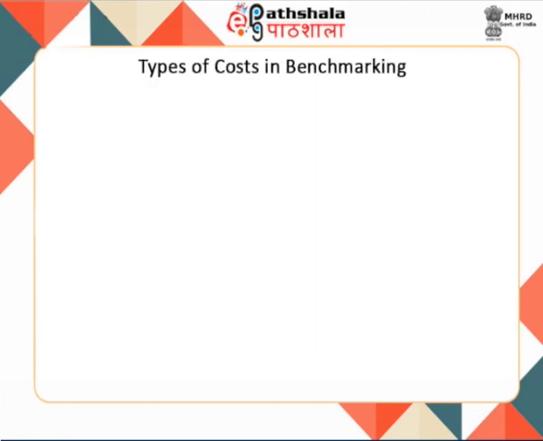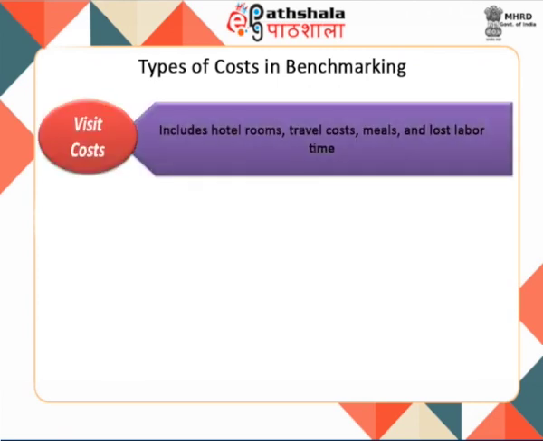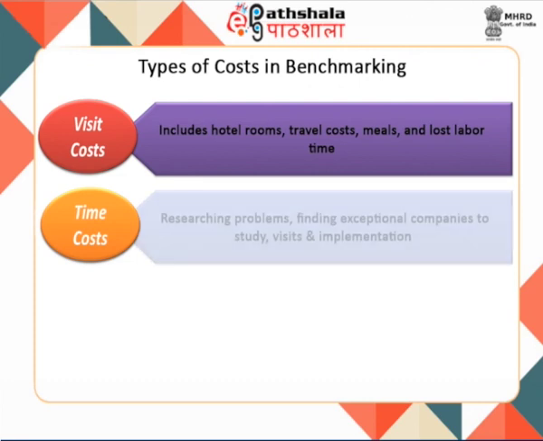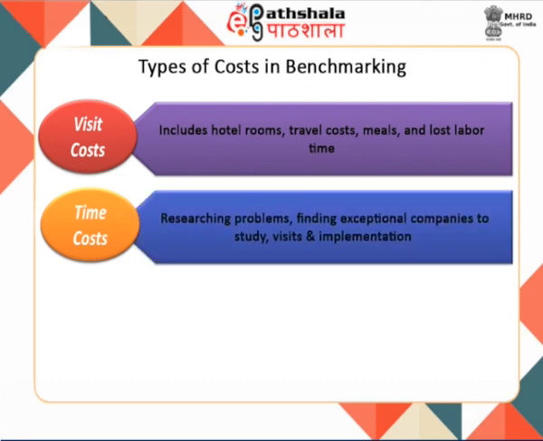The three main types of costs in benchmarking are: number one, visit costs. This includes hotel rooms, travel costs, meals, a token gift, and lost labor time. Number two, time costs. These include time the members of the benchmarking team will be investing in researching problems, finding exceptional companies to study, visits, and implementation.